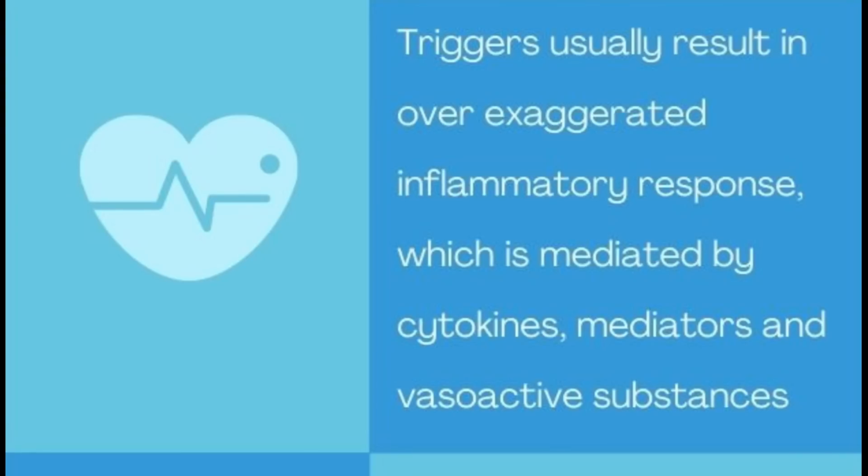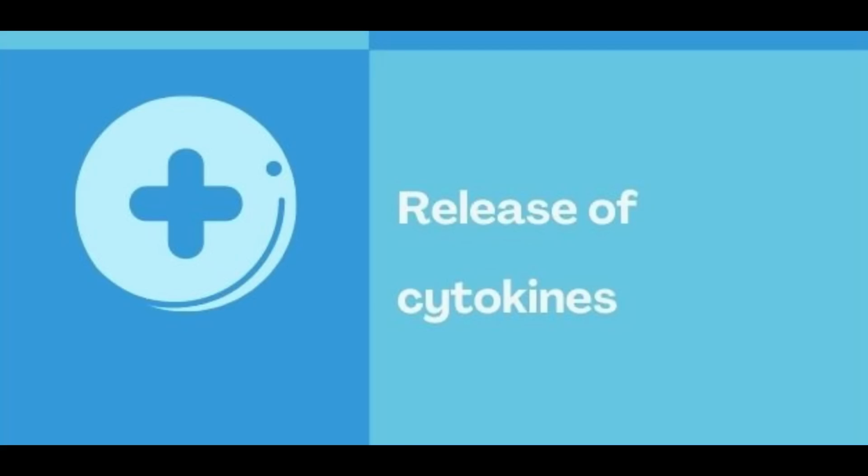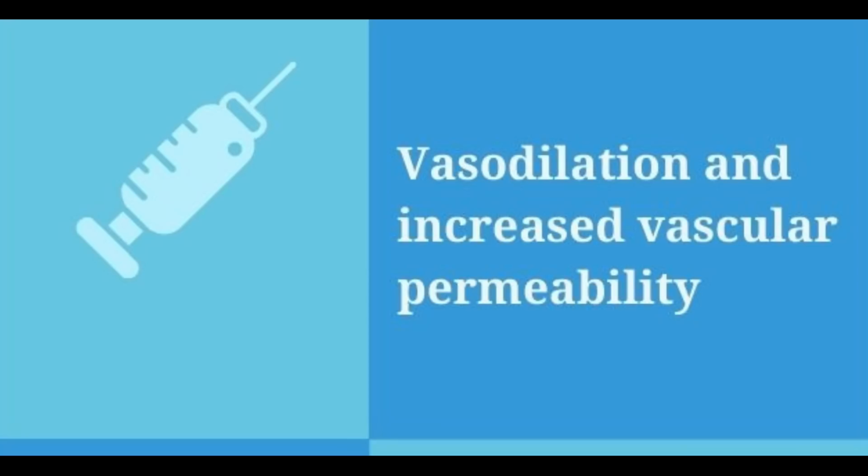A trigger usually results in an over-exaggerated, progressively increasing inflammatory response, which is mediated by the release of cytokines, mediators, and vasoactive agents, which include bradykinin, histamine, nitric oxide, and prostaglandins. These cytokines, mediators, and vasoactive substances are distributed systemically throughout the body, which results in vasodilation, increased vascular permeability, and features of SIRS.